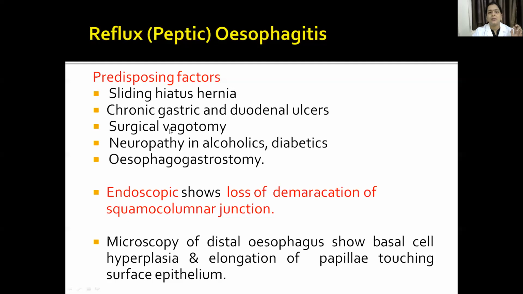Now, what are the predisposing factors for reflux to happen? Sliding hiatus hernia, obviously, where part of the stomach is out of the diaphragmatic hiatus and going up into the esophagus. Definitely sliding hiatus hernia is one. Then gastric and duodenal ulcers, and surgical vagotomy. See, the vagus nerve travels right and left to the esophagus, forms the esophageal plexus and supplies it.